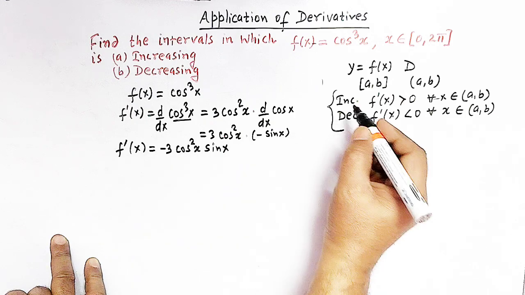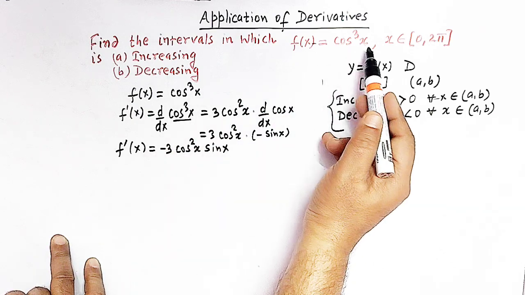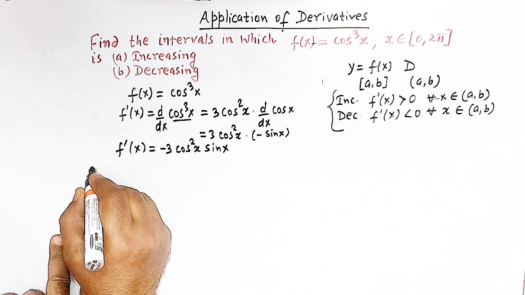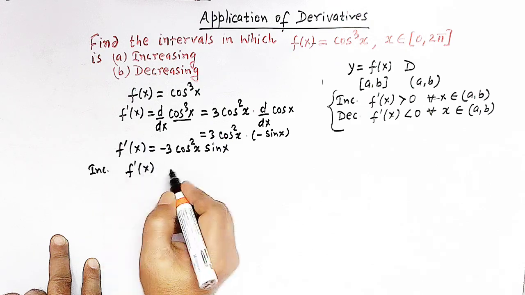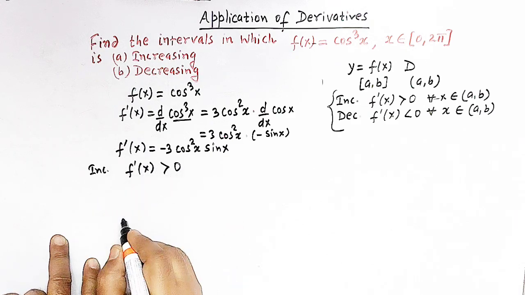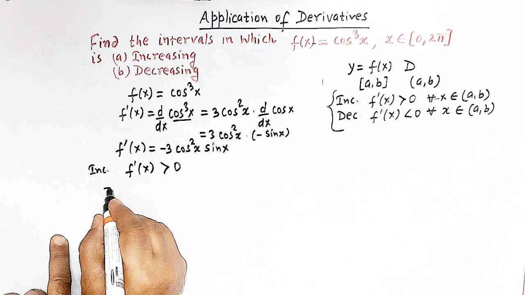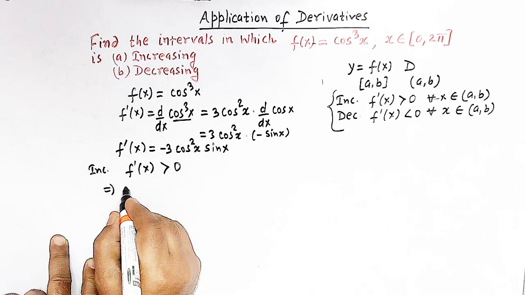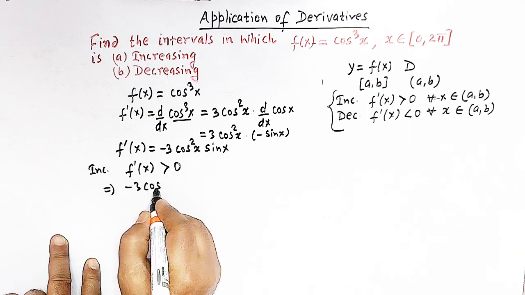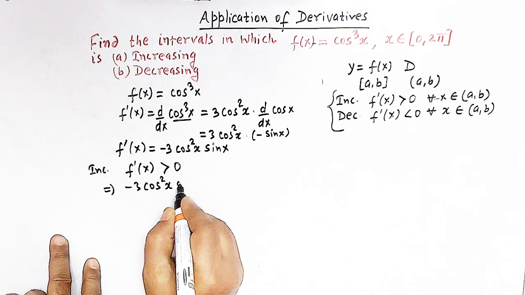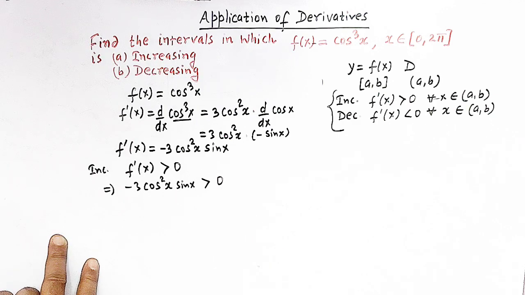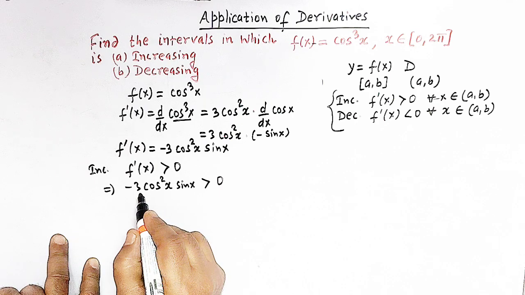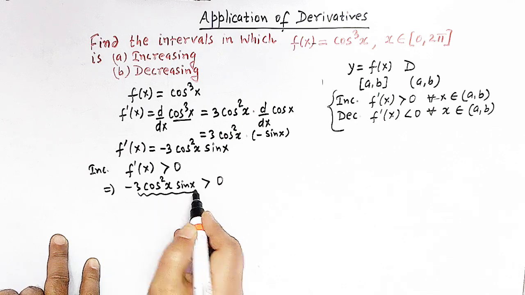So for the function cos cube x to be an increasing function, this derivative should be greater than 0. So it implies that this term, that is minus 3 cos square x sine x, should be greater than 0. So now let us look at this expression.